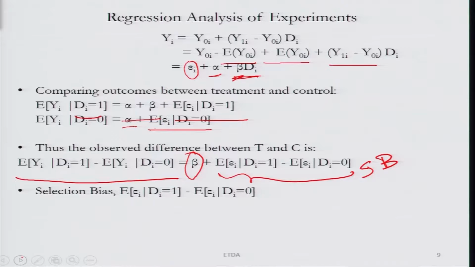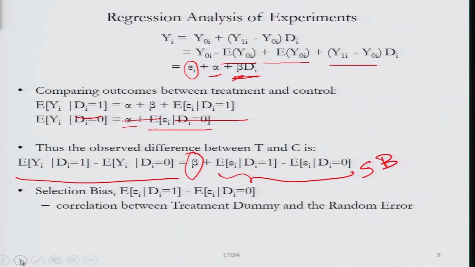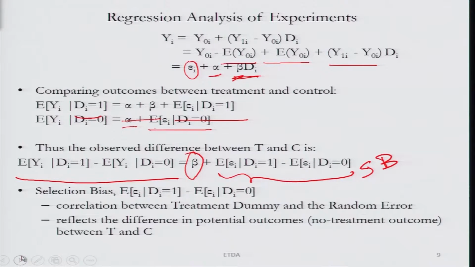What this tells you is the correlation between the treatment dummy and the random error. This is essentially, once again, going back to what we were discussing before, it reflects the differences in potential outcomes, the initial outcomes even before treatment happened, between the treatment group and the control group.